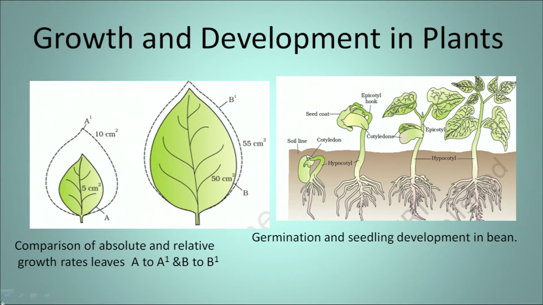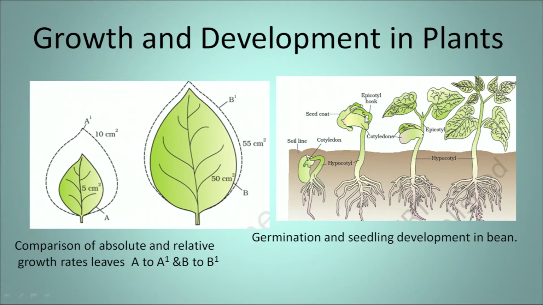And also we can see on the figure, on the right hand side, a seed. The first figure in this picture shows a seed with various parts, that is seed coat, hypocotyl, and roots. When it undergoes development, you can see slowly how different parts are elongated and how different parts are being added up.